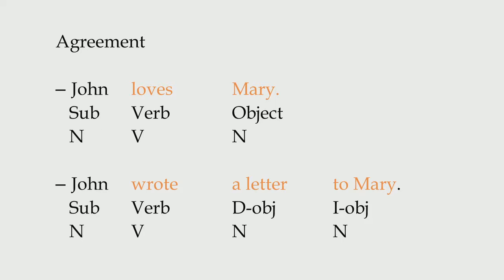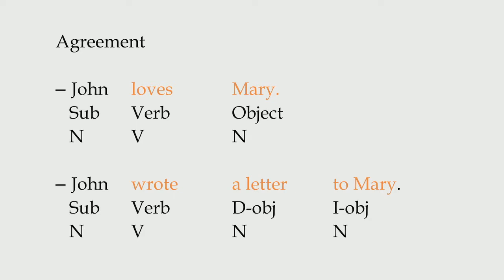Now, what is the part that we see here which is taking part in the agreement in the first sentence? John is the subject and loves Mary is the predicate. The verb is loves.